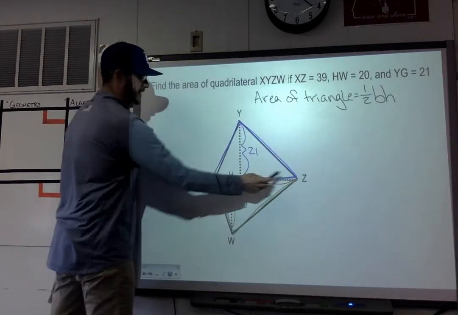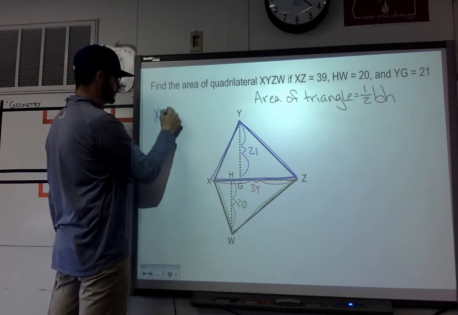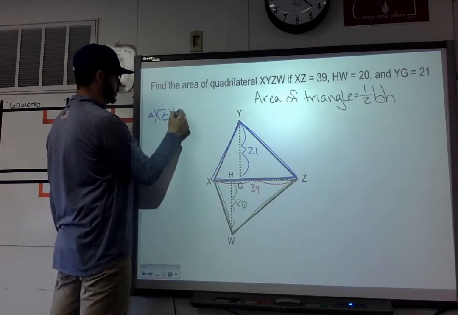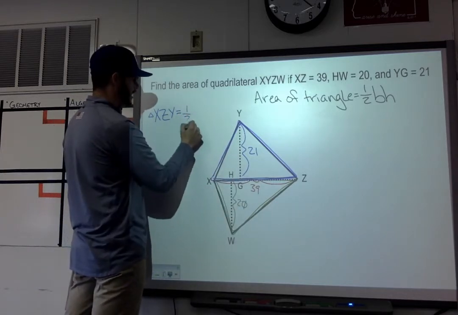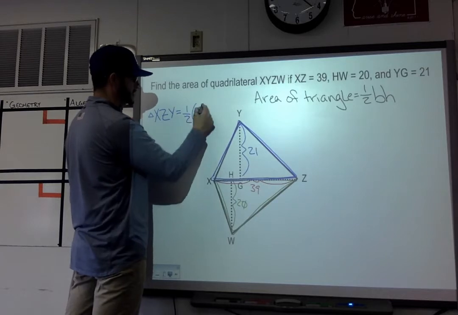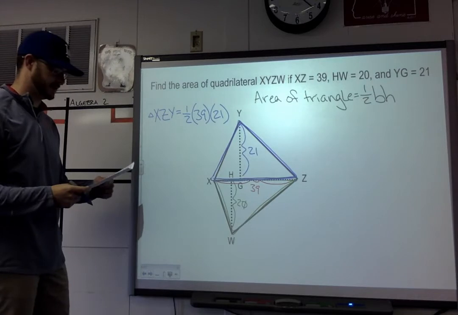So for triangle XZY right here, we are going to have an area of 1/2 times the base, which is 39, times the height, which is 21.